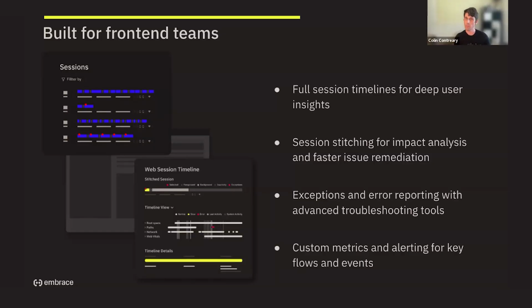And while the Embrace platform provides a lot of value out of the box, you can also measure the KPIs that are most important to your business. Everything from events to key user flows to specific performance signals you care about. You can create any custom metrics, create dashboards and visualizations for them, and create alerts for them.